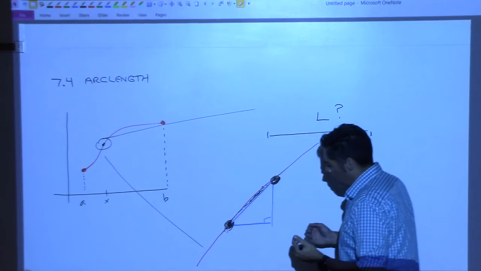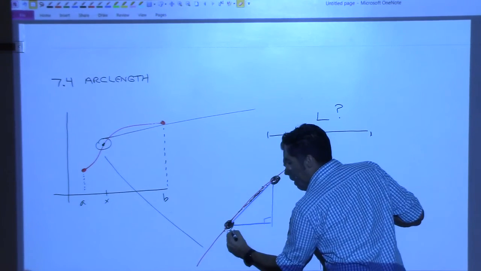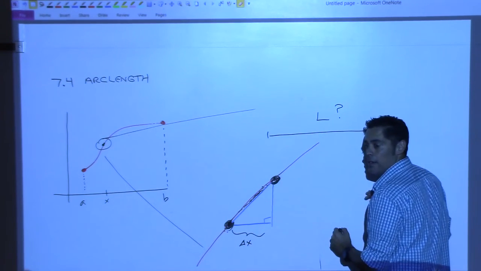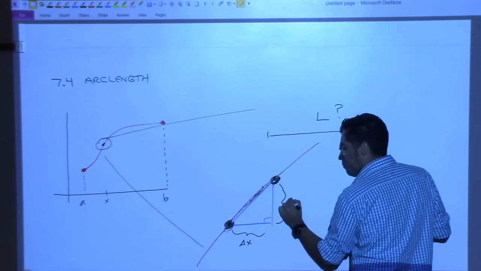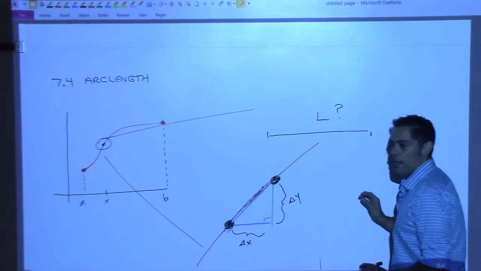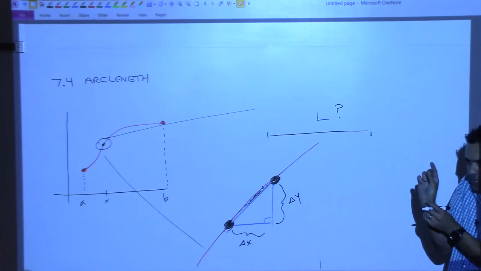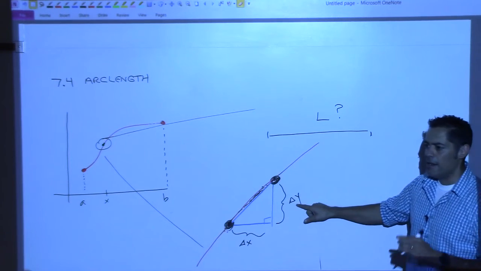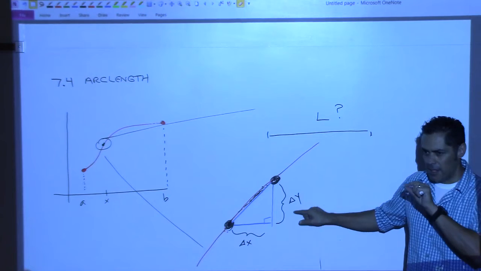As I move from here to here, I first have some change in x, and then from here to here I have some change in y, delta y. But if we take the limit and let these points get right close to one another, then delta x and delta y get replaced with what? What have we done when we've taken a limit? Delta has changed to what?